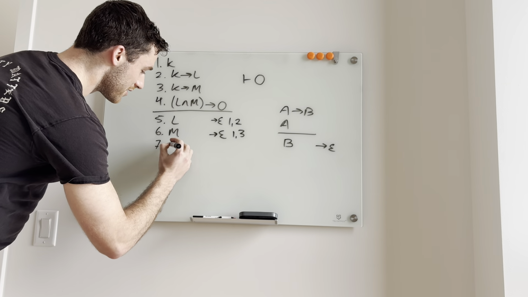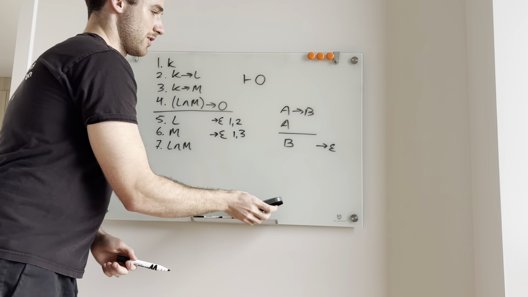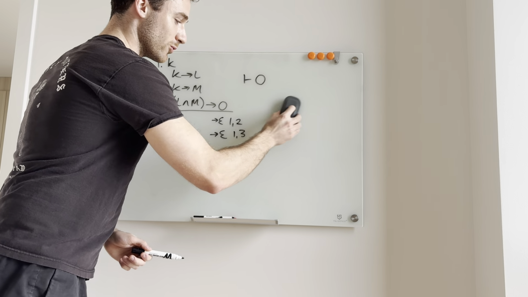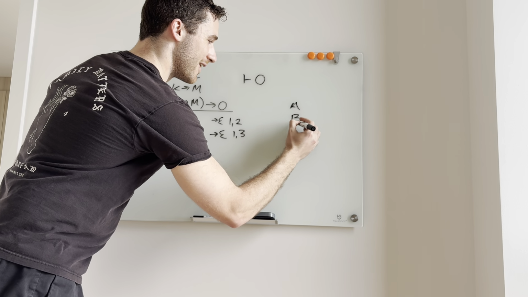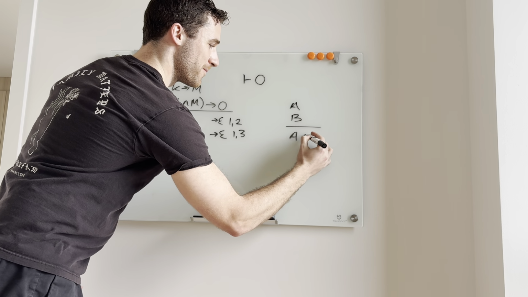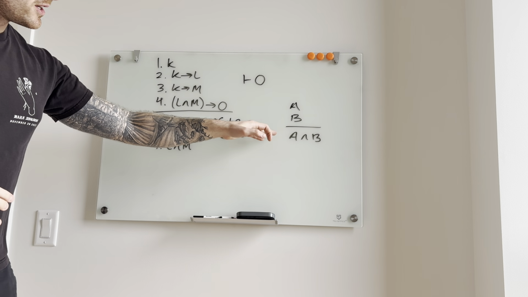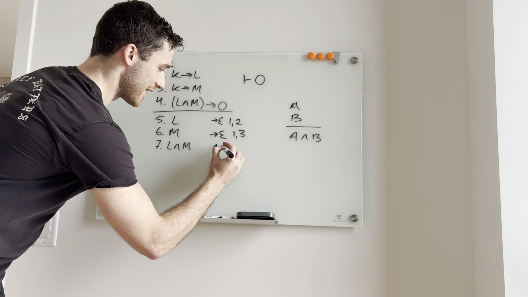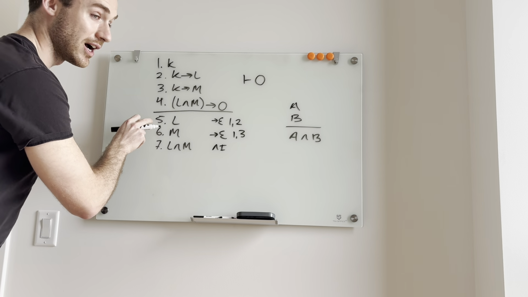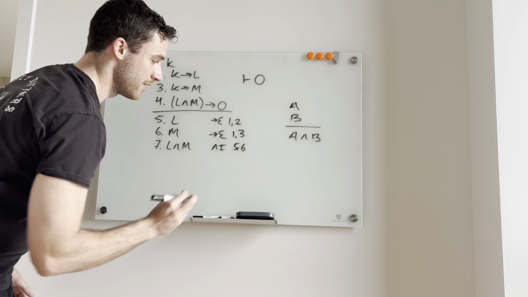So that lets me stick them together with an and symbol. If you're looking at that paper full of rules that hopefully you have written down, this is just our and introduction rule, right? If you have two sentences separately, you can put them together with an and symbol. And so I'm going to cite and introduction, lines 5 and 6, because that's where I got those two sentences from, right?